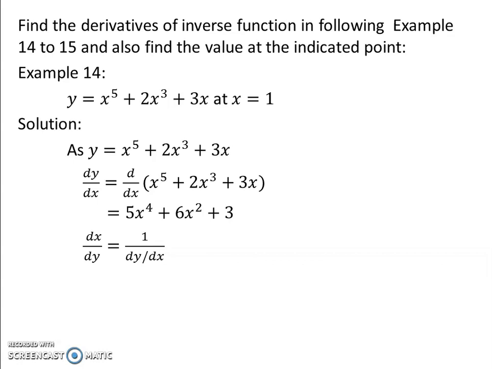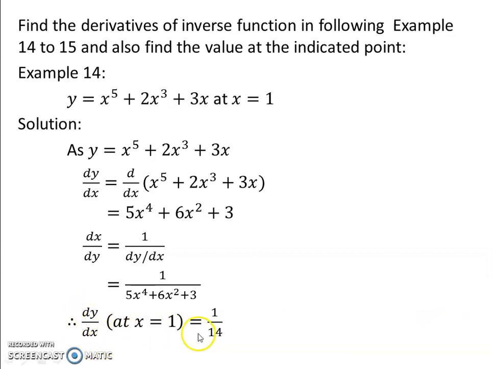Therefore dx by dy equal to 1 upon dy by dx, that is equal to 1 upon 5x raised to 4 plus 6x square plus 3. At x equal to 1 we have to find dx by dy, not dy by dx. dx by dy at x equal to 1 equal to, here we put 1 in place of x, so we get 1 by 14.